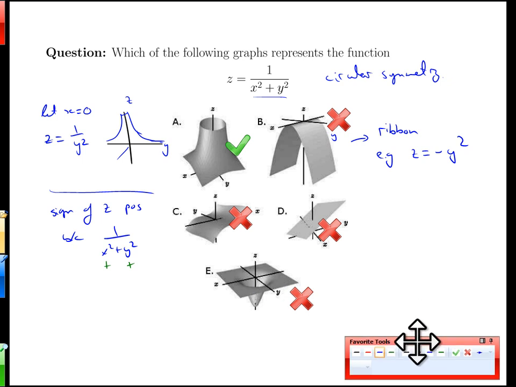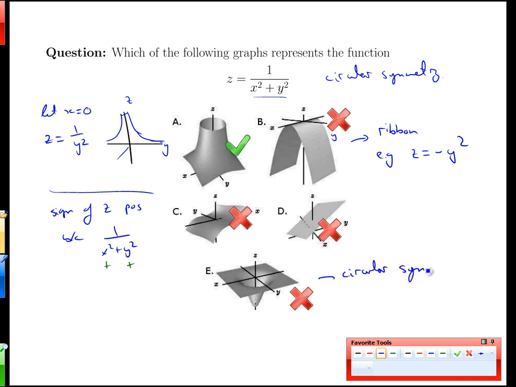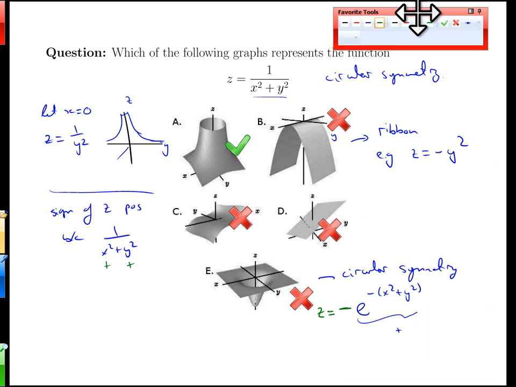This graph here, we saw something similar. It has a circular symmetry. And what might it have as a function? Well, we actually saw something that would produce that shape, except this graph is always positive. So what might we do? We might add a negative sign out front, and that would flip it in the z direction.